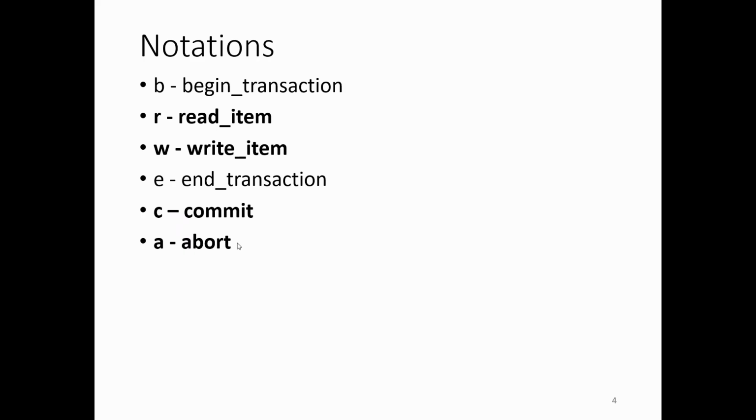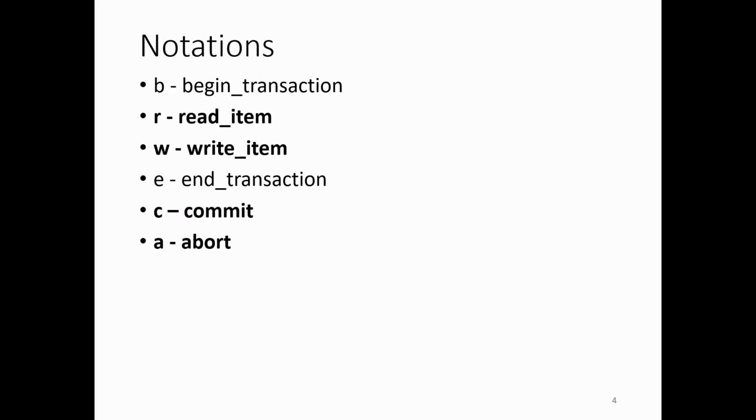In a schedule, we are concerned about R, W, C, and A. That means we are concerning only read, write, commit, and abort. Normally, begin transaction and end transaction are not used in examples.